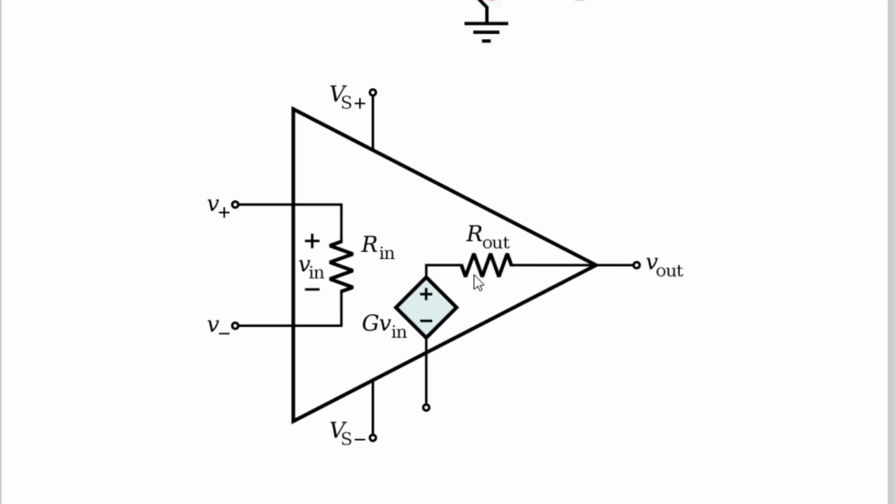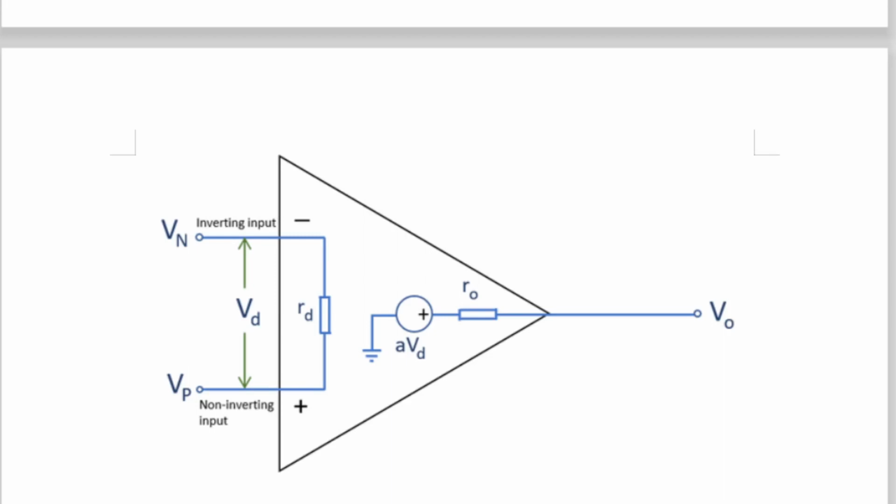So this is called the equivalent circuit diagram of the op-amp, which has input resistance Rin offered by the op-amp for an input signal applied at the inverting and non-inverting inputs, and this resistance is offered by the first block of the op-amp. Rout is offered by the last block of the op-amp, and the last block is the amplifier, so it is a source of voltage, and somewhat like this, this is the equivalent circuit diagram.